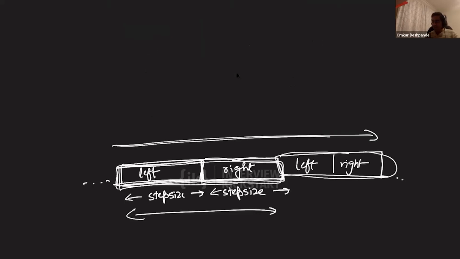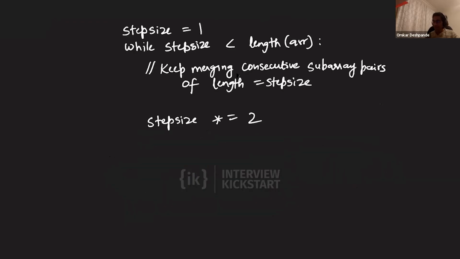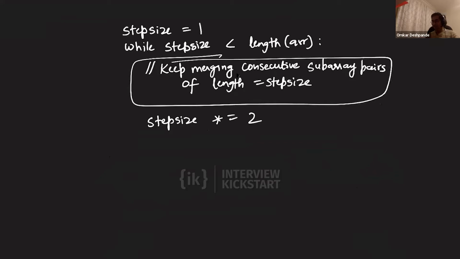Once we have described whatever is happening in that level in an iterative way, then we'll double the step size at the next level. Once we're done with one level, we go to the next level where the step size doubles. So this is the code that we need to write.